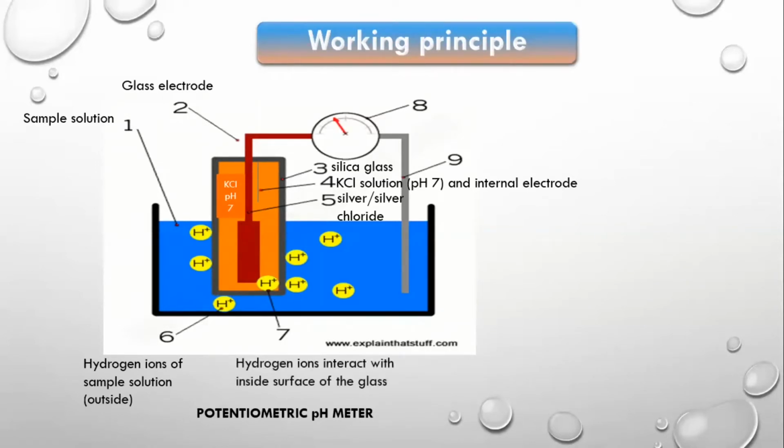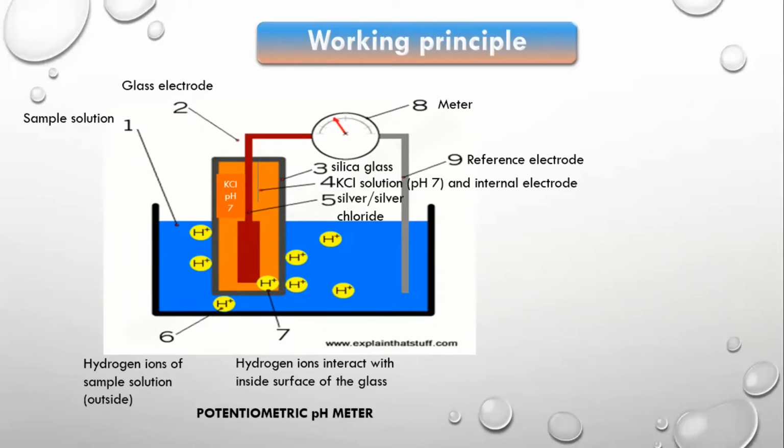Hydrogen ions in the potassium chloride solution interact with the inside surface of the glass. The meter measures the difference in the voltage between the two sides of the glass and converts this potential difference into a pH reading. The reference electrode acts as a baseline for the measurement, or you can think of it simply as completing the circuit.